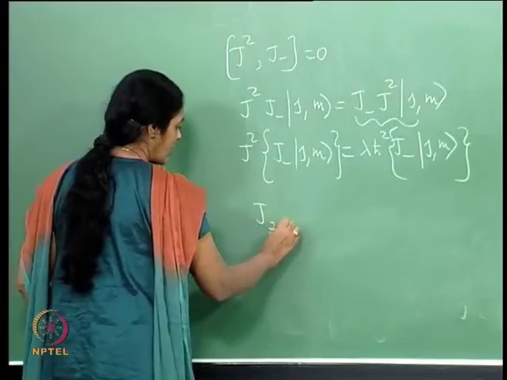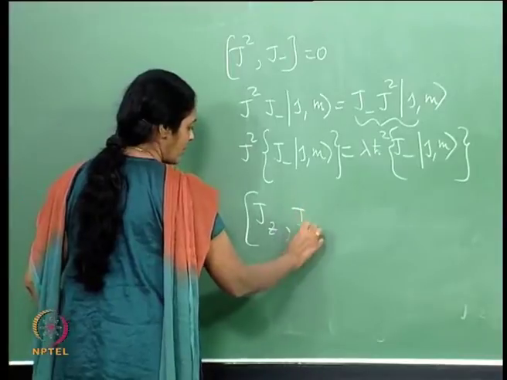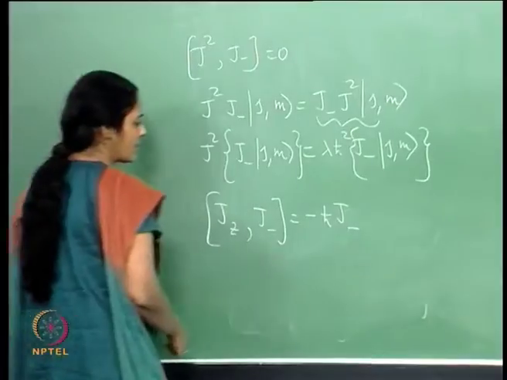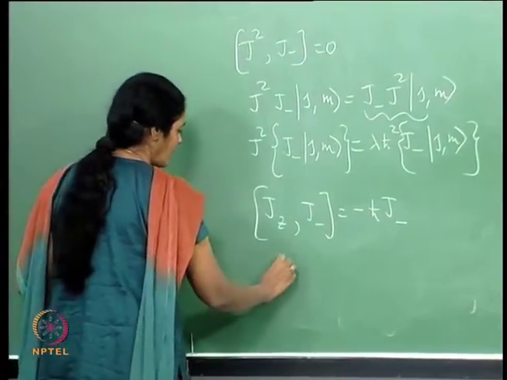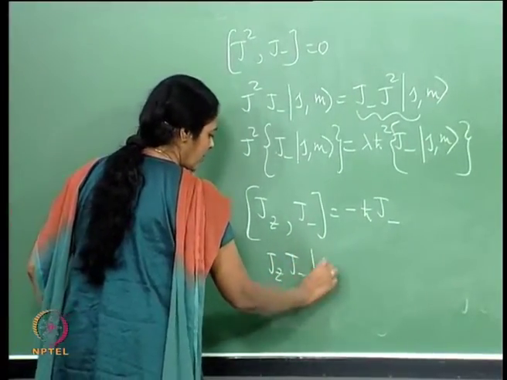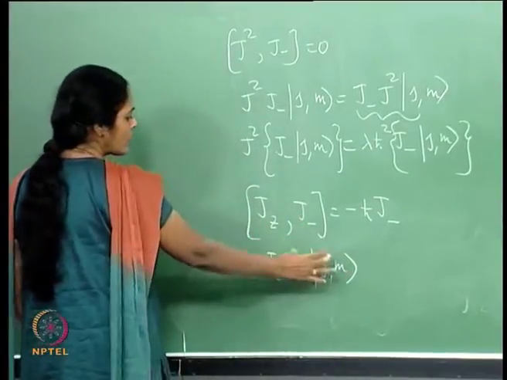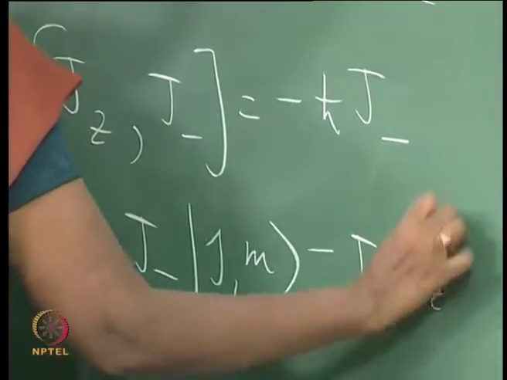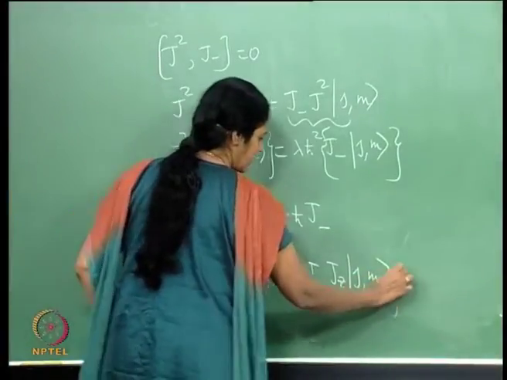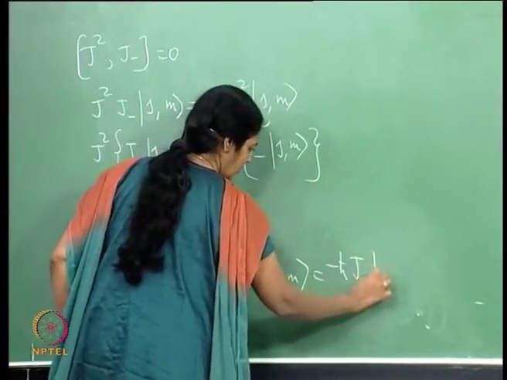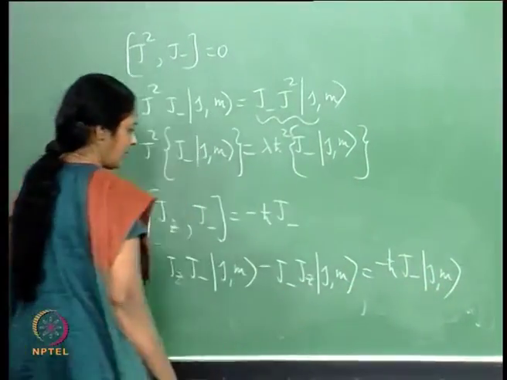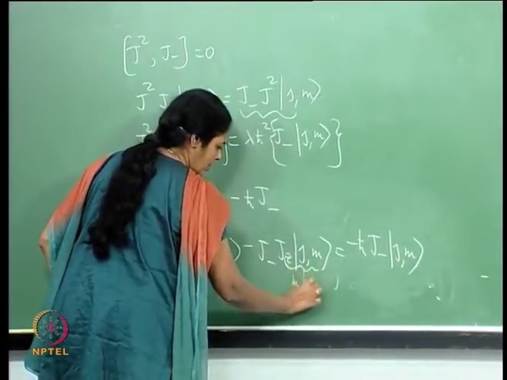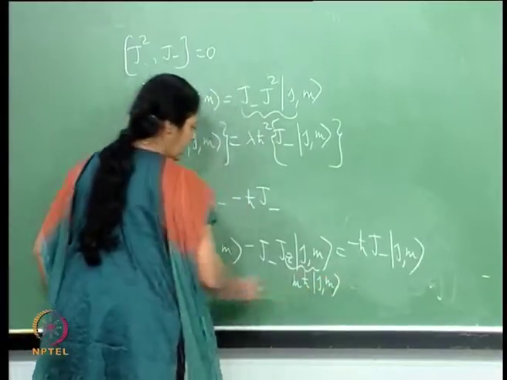On the other hand, I know that the commutator of Jz with J minus is minus h cross J minus. Therefore, if I acted this commutator on the state |j, m>, I get the following. I know that this is m h cross |j, m>.